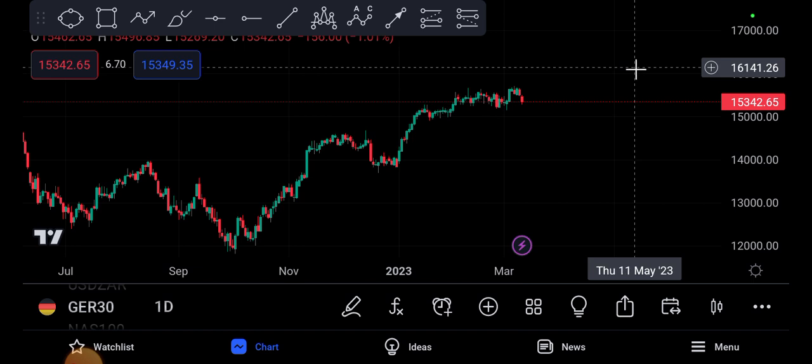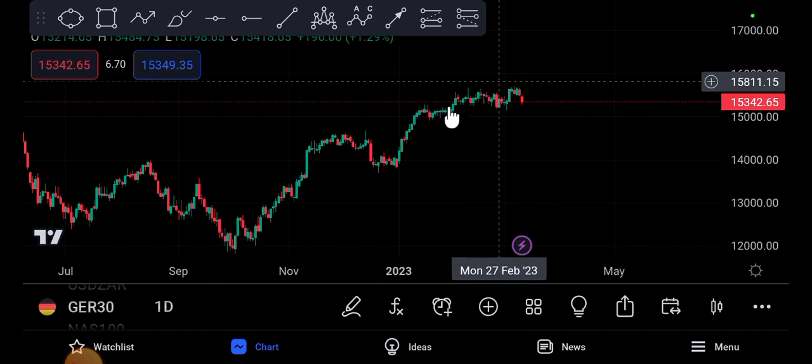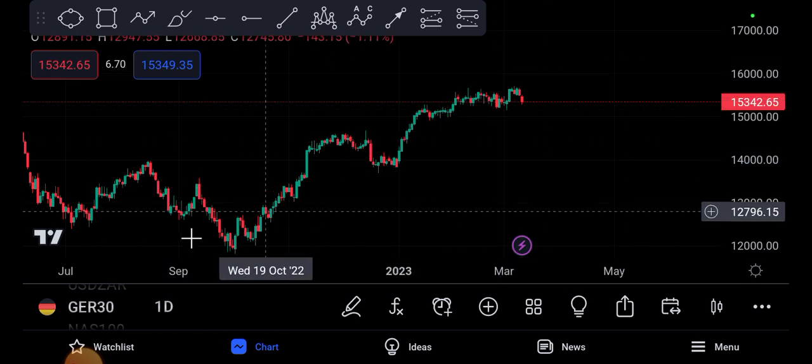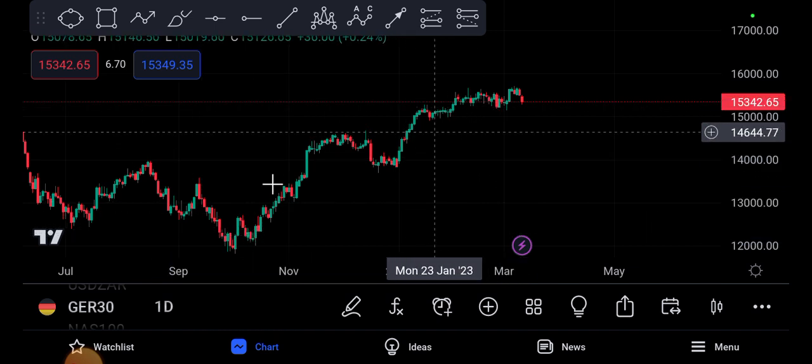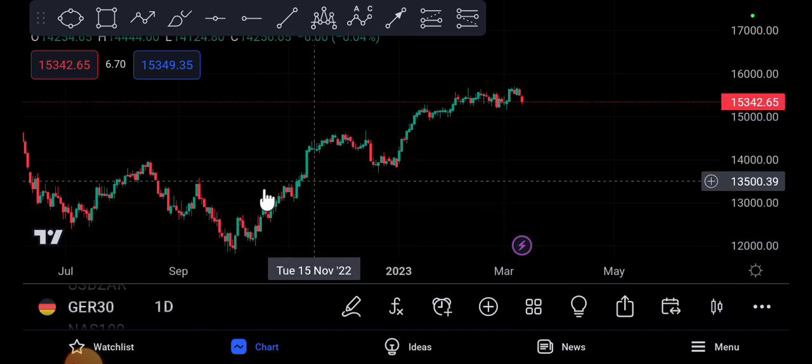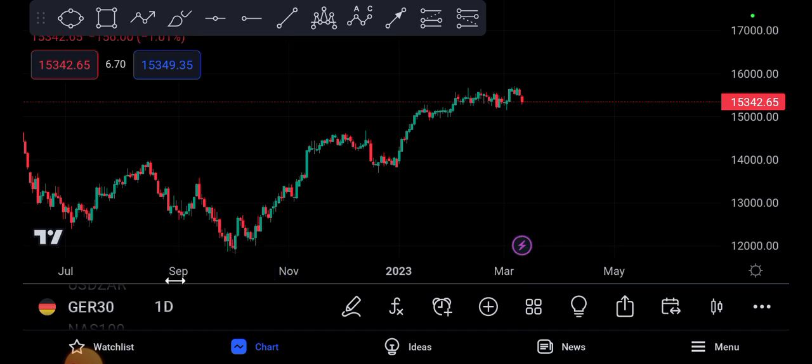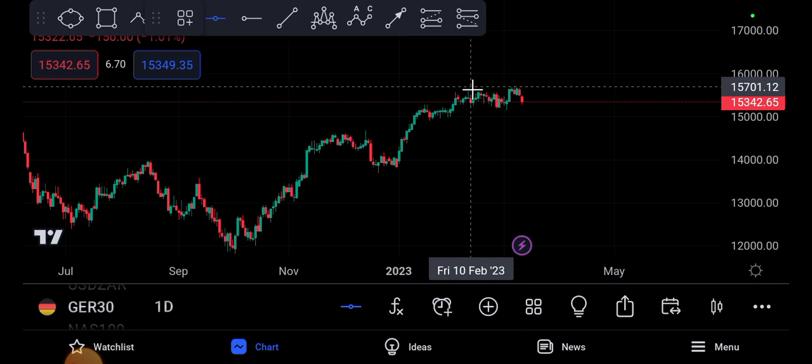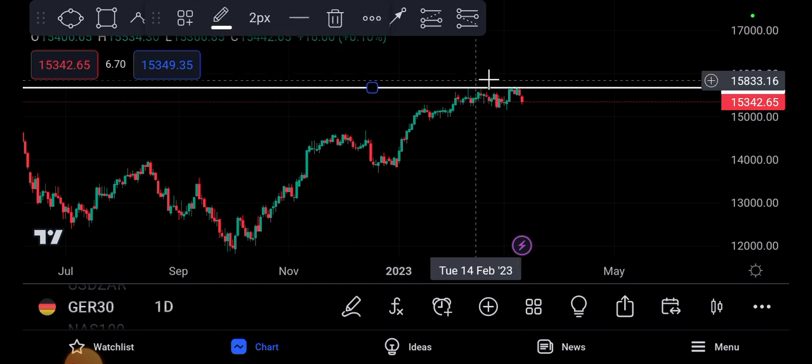So basically what is happening right now is that I'm having an uptrend right here, this uptrend right here, and we are on a daily time frame. So what we're going to do is start by identifying our high.